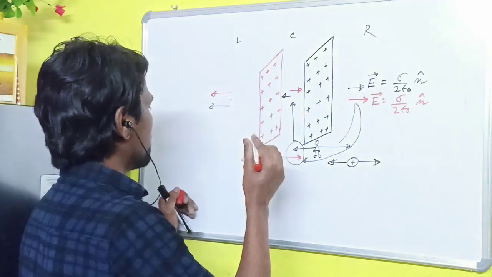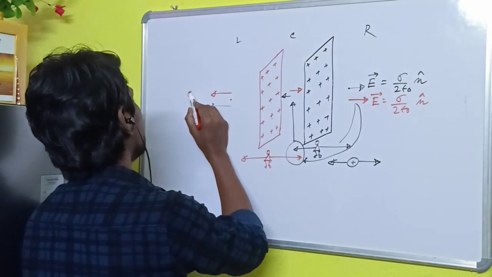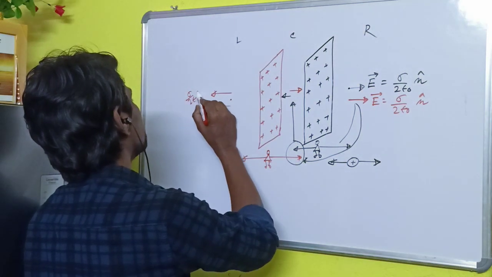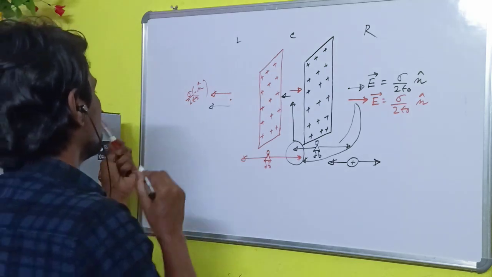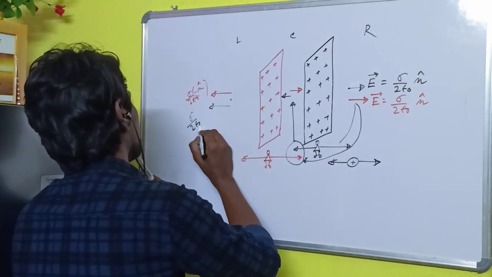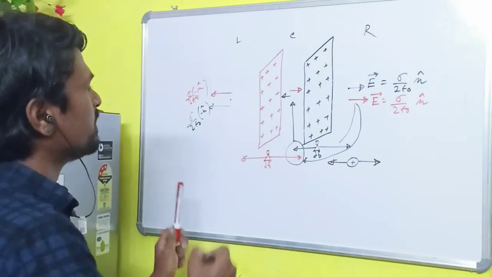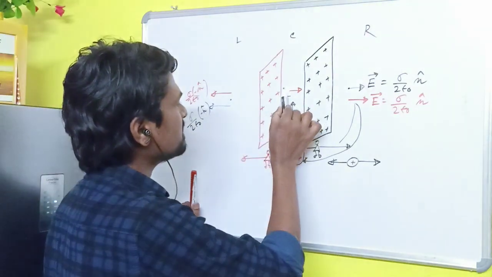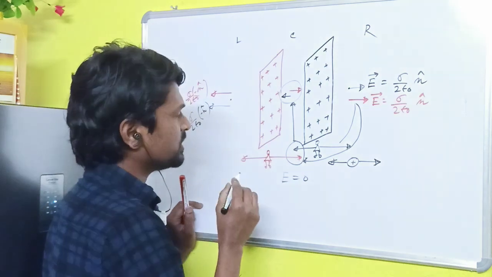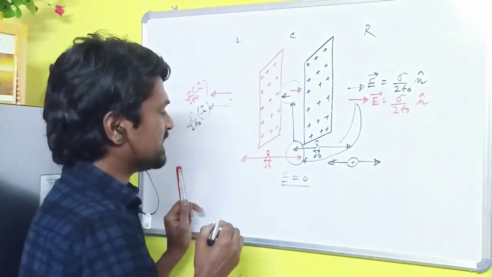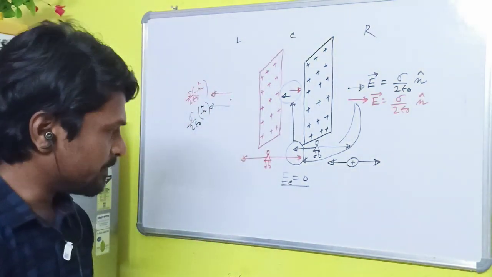For the left side, it is sigma by 2 epsilon naught along minus n cap, and the other is sigma by 2 epsilon naught also along minus n cap. Since the electric fields are equal and opposite at the center, the electric field E suffix C is 0.